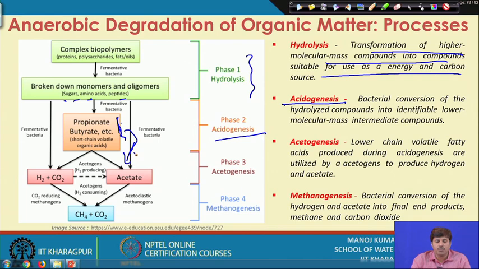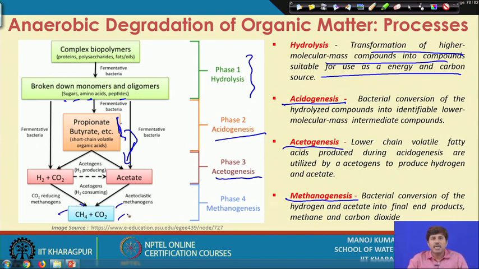And then there is the last phase, methanogenesis, of the typical anaerobic degradation process, where acetate or hydrogen are converted into the final end products, methane and carbon dioxide.